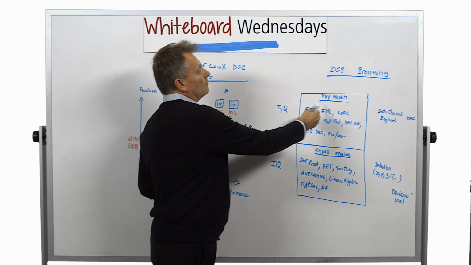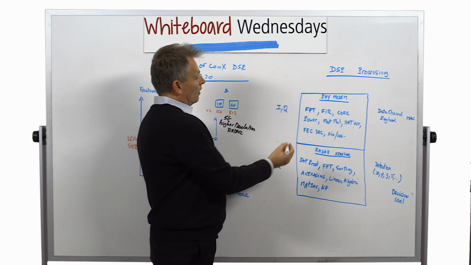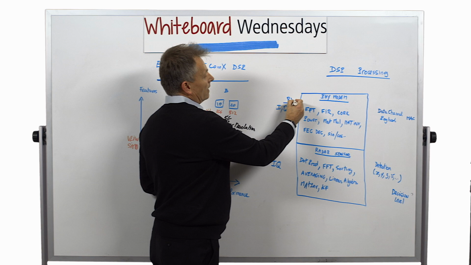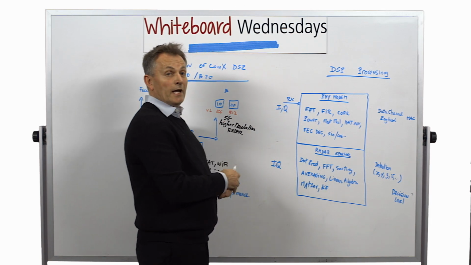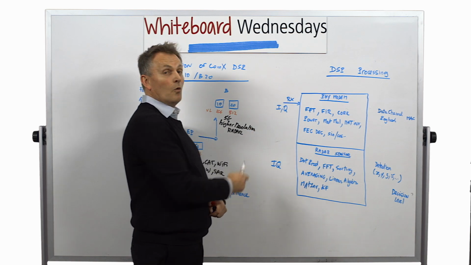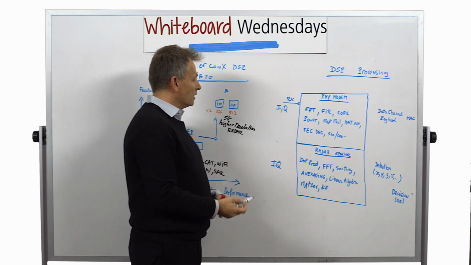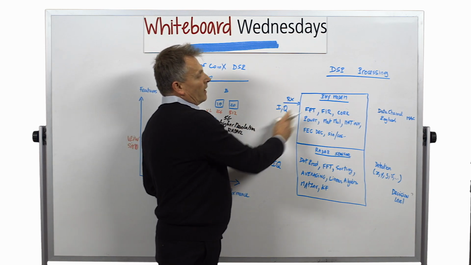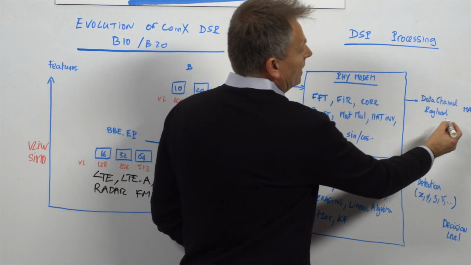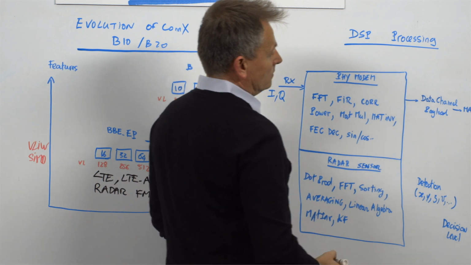So in a PHY modem application, we have the input in the receive chain that are the IQ coming from the RF interface. So those are complex data, could be 16-bit, and they are going through the PHY modem, and the outputs are data channels, payload that are going into the MAC layer.